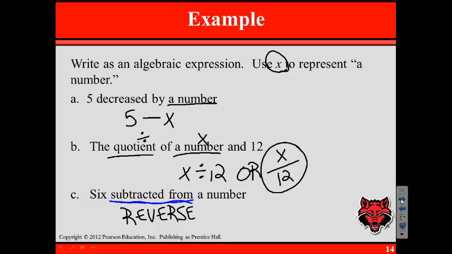It seems like this would be one of the easier phrases because it tells us what operation we're going to use, and that's subtraction. So I'm going to write my subtraction sign, but we have to reverse the order. We can't write the 6 to the left side and the number, which remember is represented by x, on the right side. We have to flip that. So we're going to write the number first, x, minus 6. It's very important that you remember whenever you see subtracted from, you must reverse the order of the quantities.